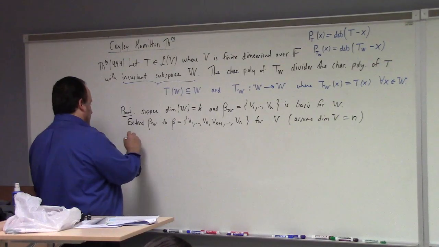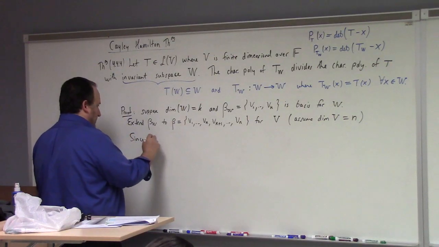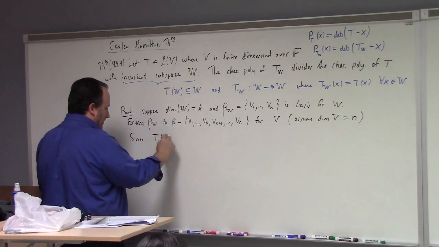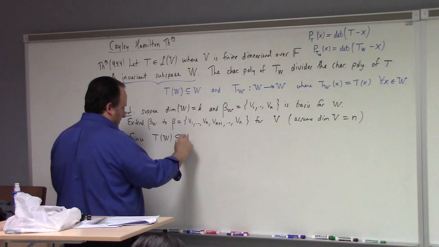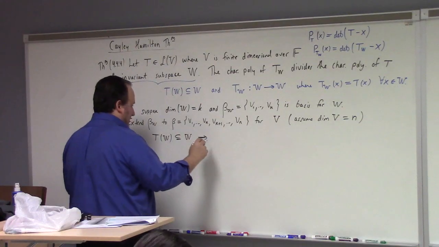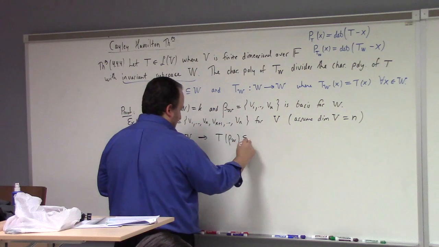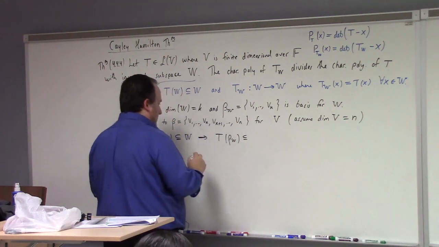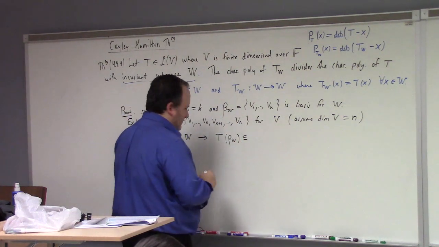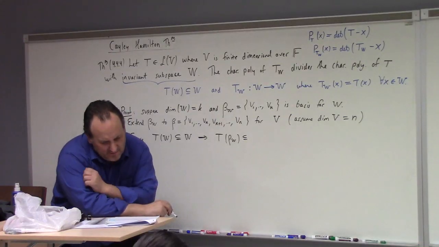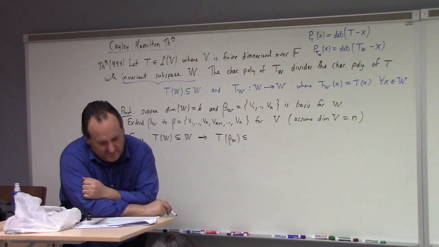Well, notice since T of W is a subset of W, right? That implies that T of beta sub W is a subset of, well, did I say beta sub W? That ain't true.